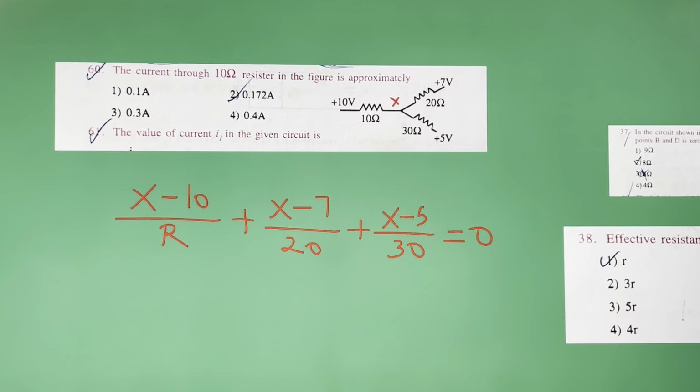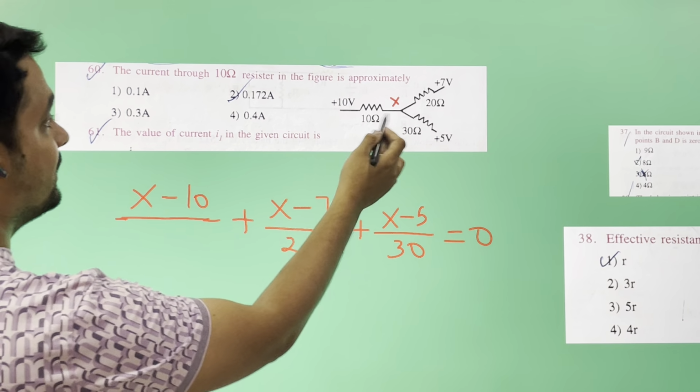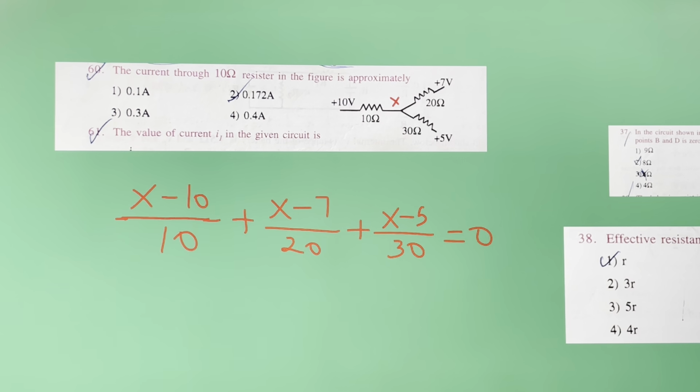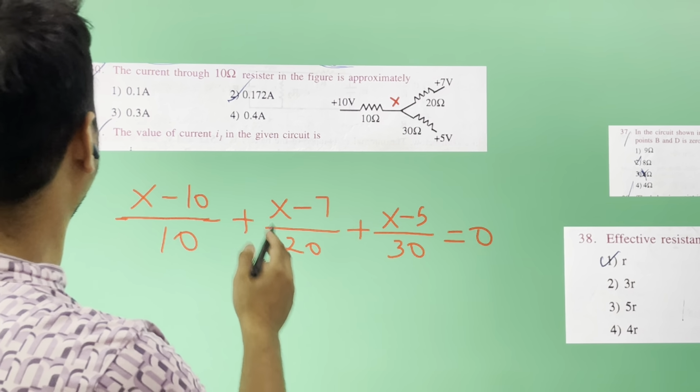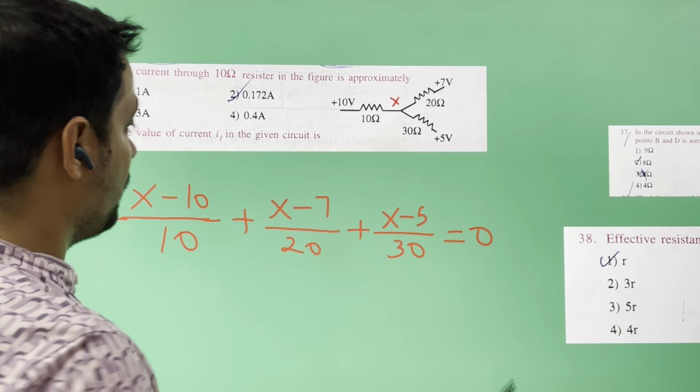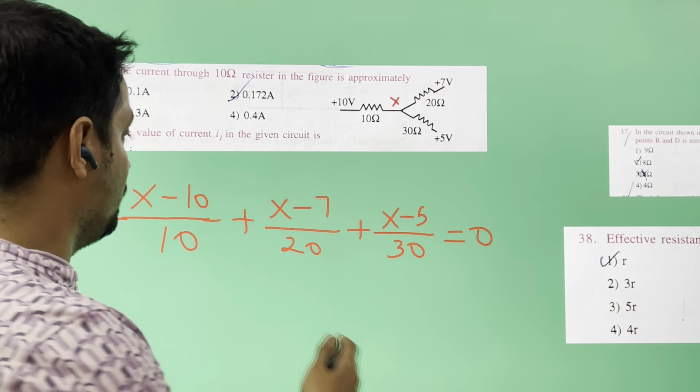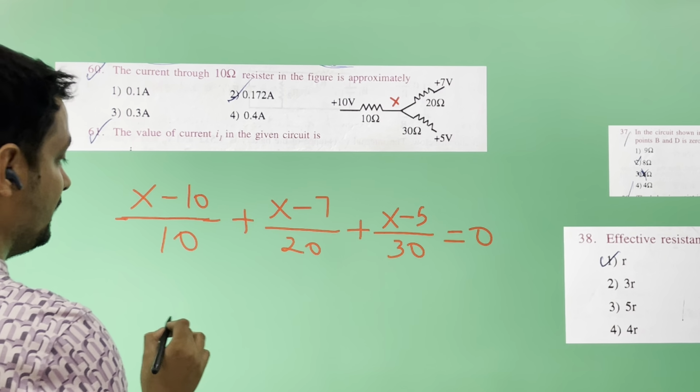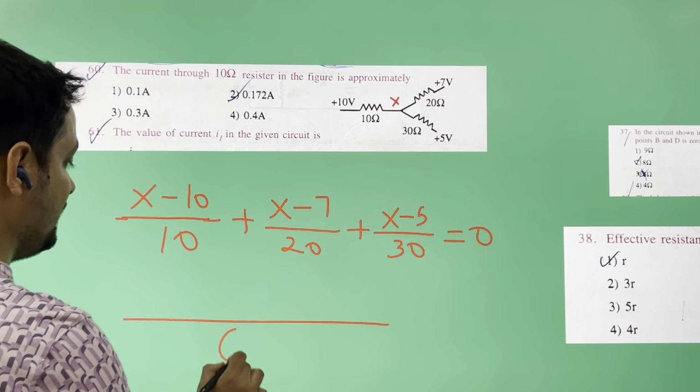Okay. So here the R value is 10 for X minus 10. We have to find the X value, and what we have to find? We have to find the current through the 10 ohm resistor. First our objective is to find the X value. So we'll solve this. What is the LCM of this? LCM is 60.